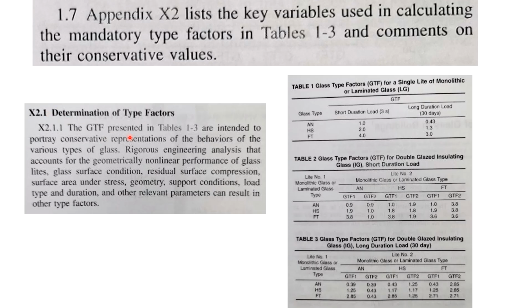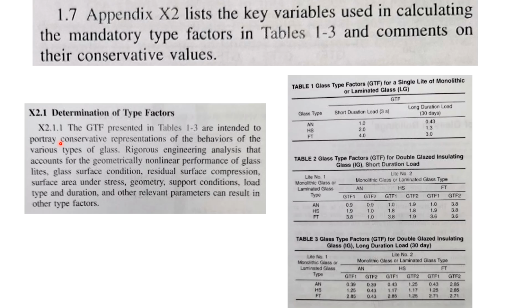So when you go to the appendix they're referencing here, what page is that on? If we wanted to find that appendix, where's X2? There it is, it's on page 53.